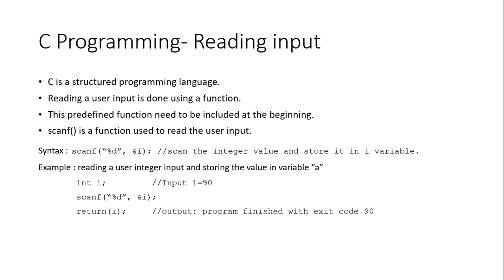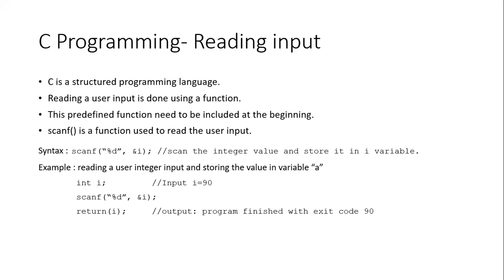And if it's a floating point, it's %f, and if it's a decimal value, I think double. So these are the specifiers which are used inside the scanf function.